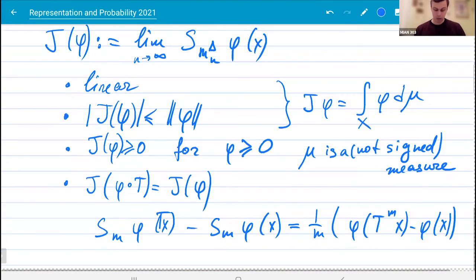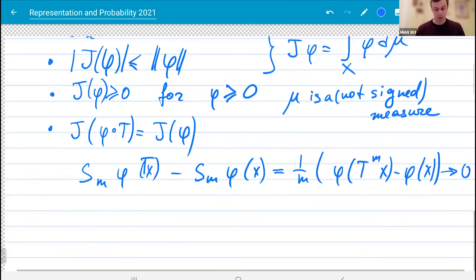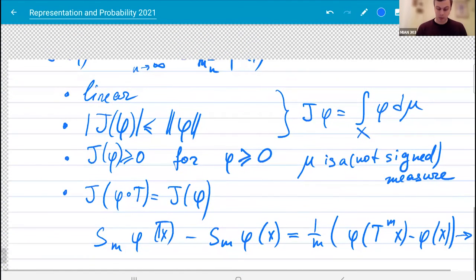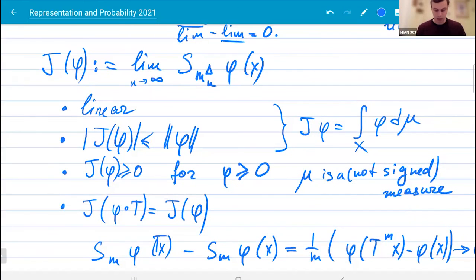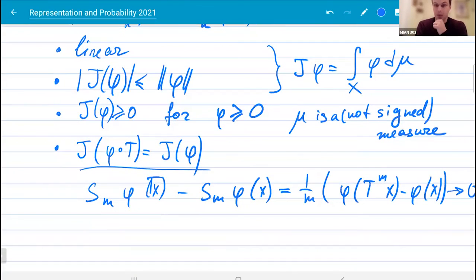For a continuous function, which is bounded, this definitely goes to 0. And so when we pass to a limit, even to a limit with respect to some subsequence, it doesn't matter. This goes to 0, so we have this.